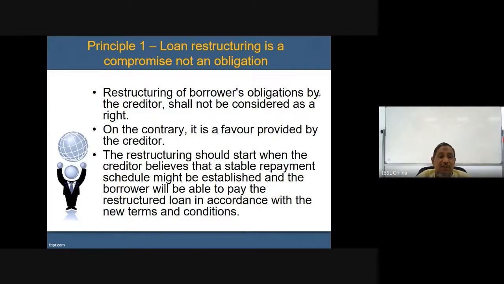Restructuring should start when the creditor believes that a stable repayment schedule might be established and the borrower will be able to pay the restructured loan in accordance with the new terms and conditions. Restructuring has to be done based on the cash flow.